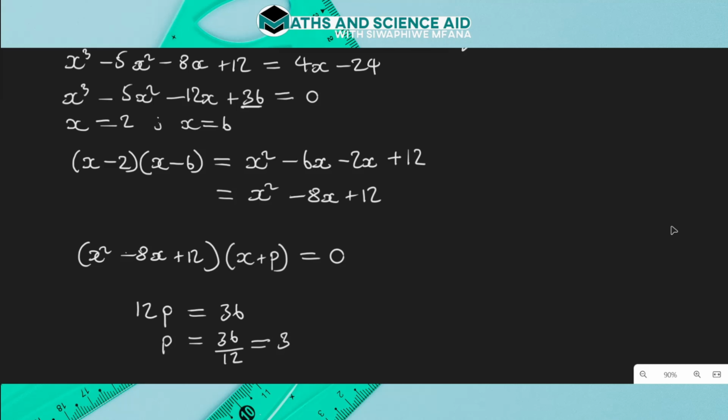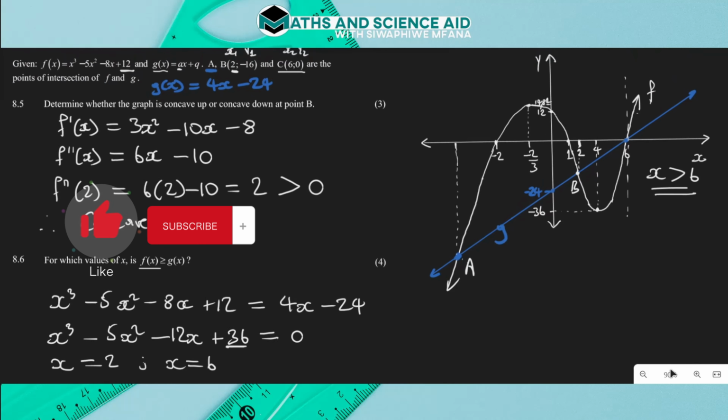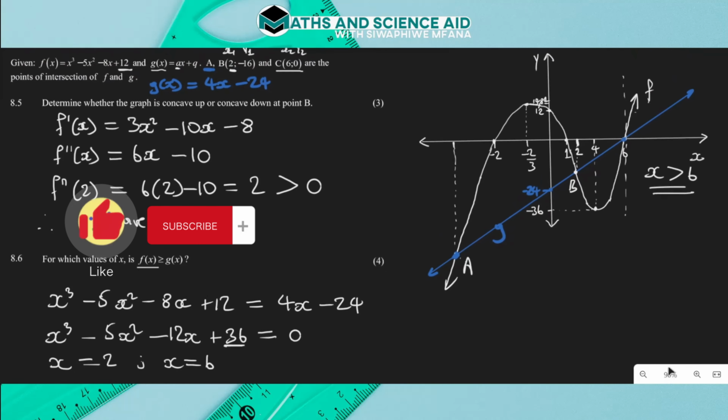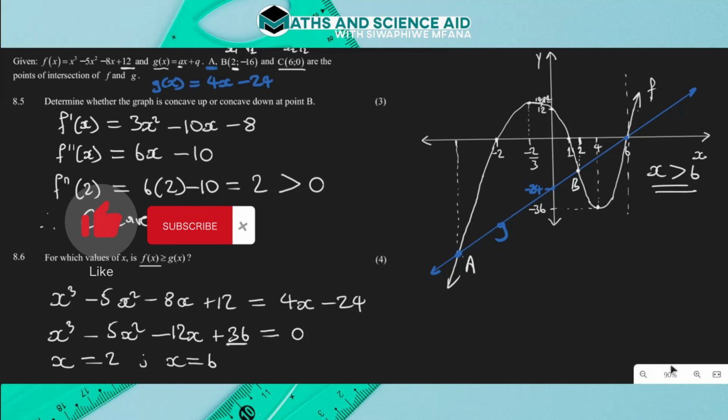And so that is, of course, equal to 3. And so if p is equal to 3, this means that the x value here of the last point of intersection is equal to negative 3. And we do not have to worry about finding the y value in this case, because we just need the x value in order to write our final answer. So this value here is equal to negative 3. Okay?